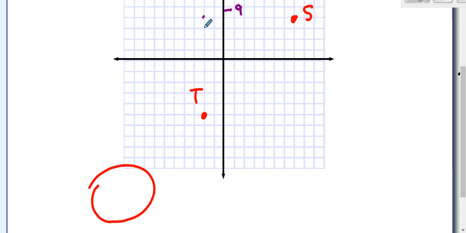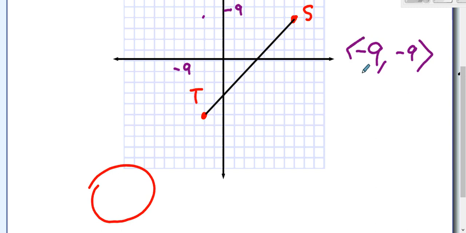And we're going to go 1, 2, 3, 4, 5, 6, 7, 8, 9 down. So if you had that as a vector, that vector would be -9, -9. X first, and then the Y.